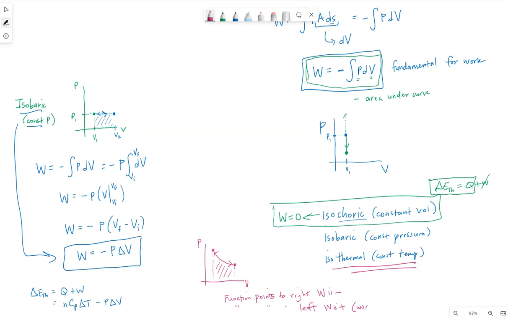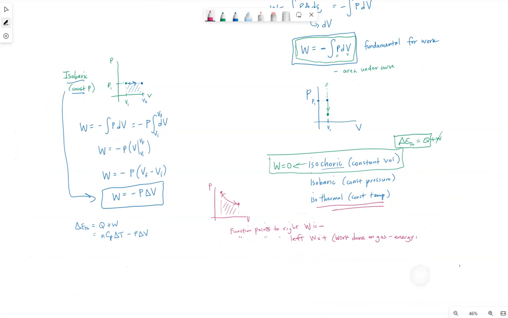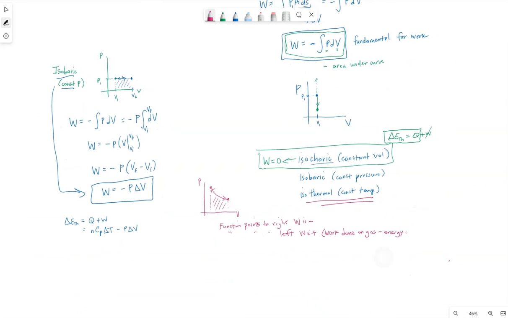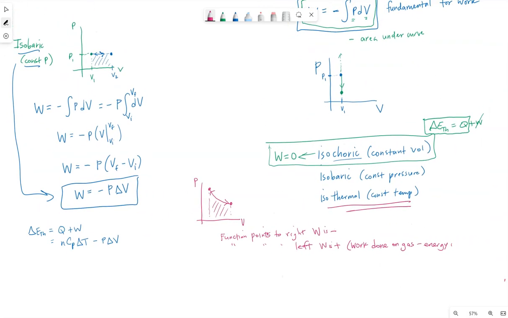Work done on the gas, energy into the gas.